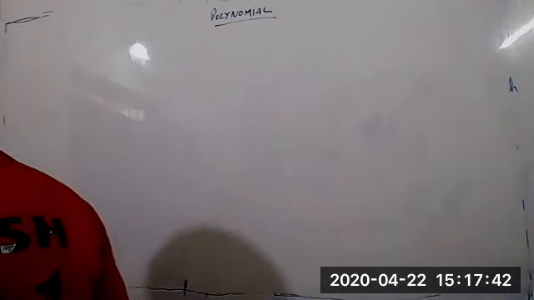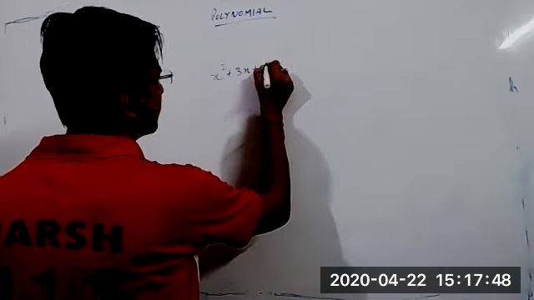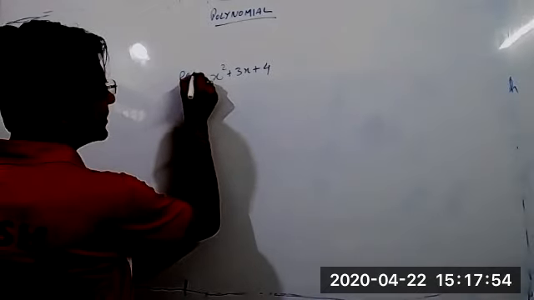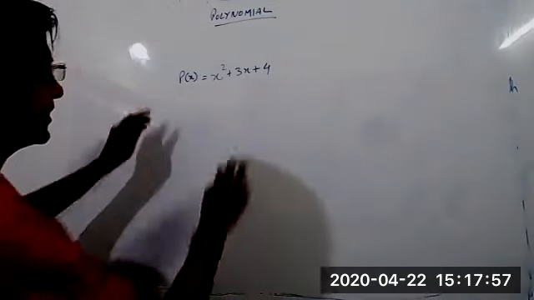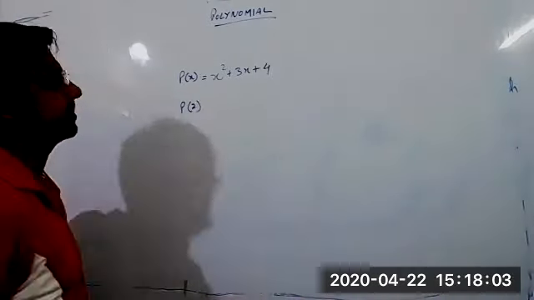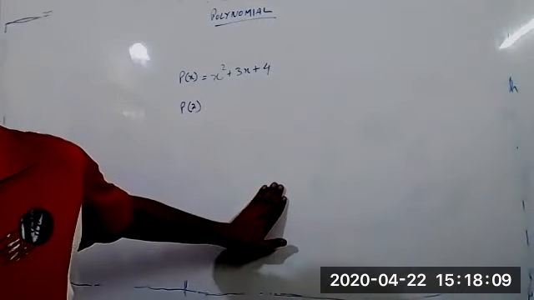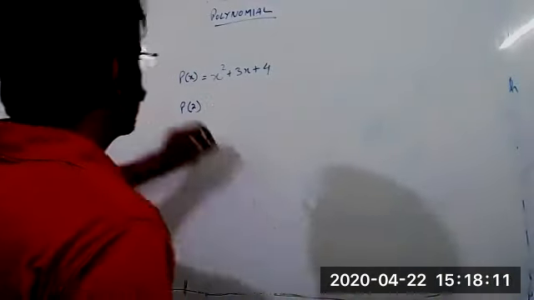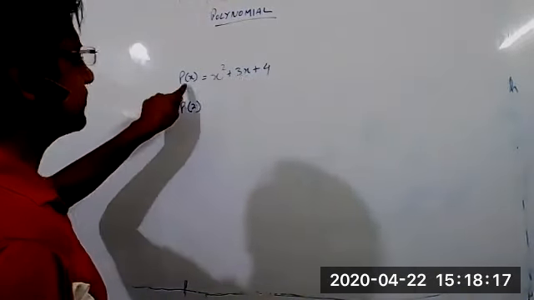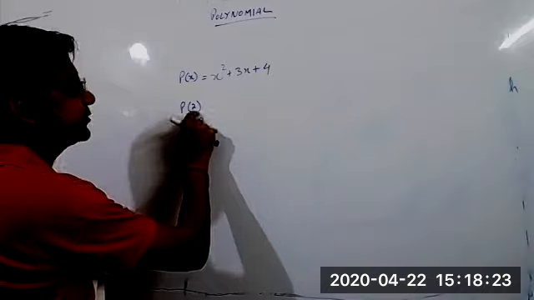Now, value of polynomials we have to find. If the polynomial is x square plus 3x plus 4, and we denote this polynomial as p(x) equals to this one. Okay, this is the way of writing. And the question is, find p(2).